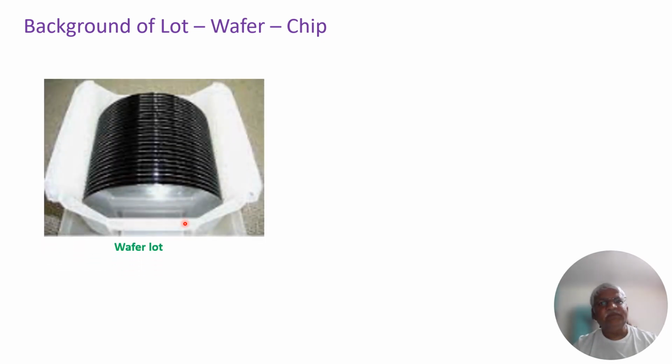The wafers are made in a lot. This is one lot, and there will be several lots when the chip is sent to different customers, because of how many dice come out of a wafer, and usually 25 wafers will be there in a lot.